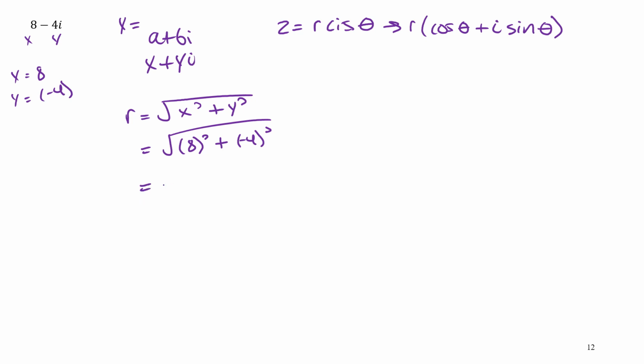We know that 8 squared is 64 plus 4 squared is 16, and that would equal square root of 80. And you could also simplify this radical. So we can go to 16 times 5, and pulling out the 16, you'd get r is equal to 4 square root 5.